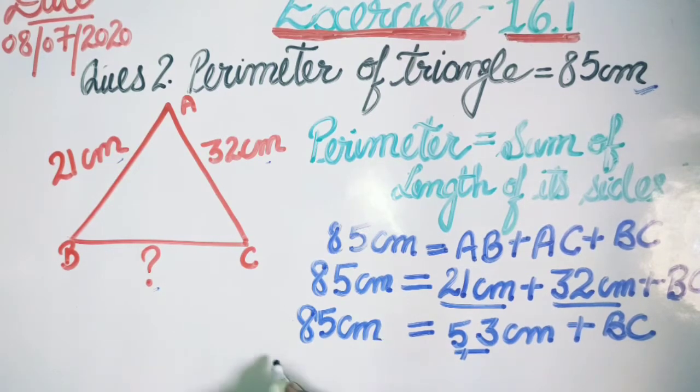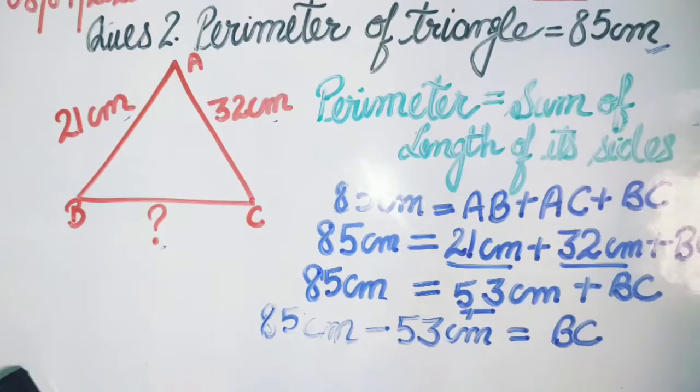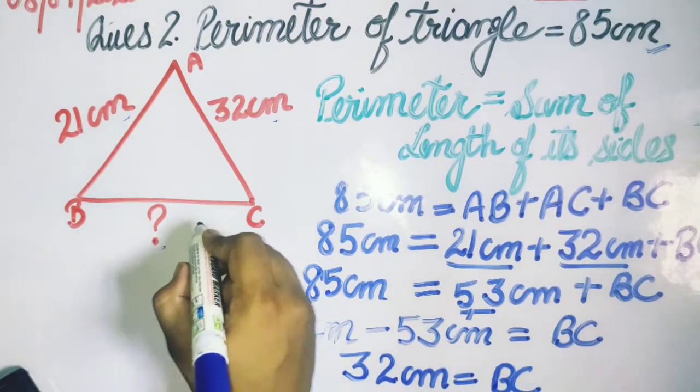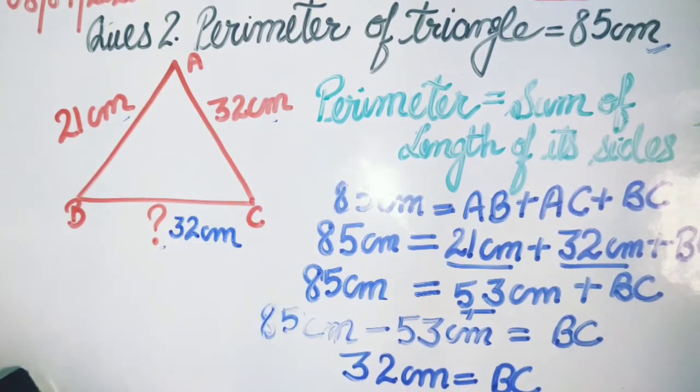So we will subtract it from 85. The answer will be 32 centimeter. Hence, our third side value is 32 centimeter.